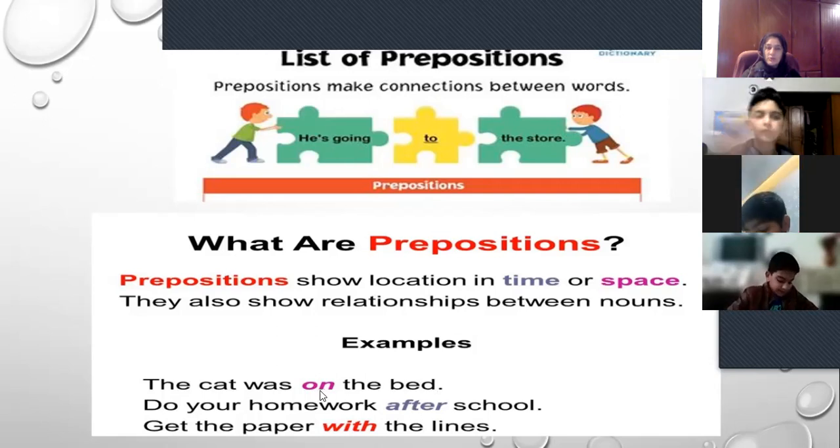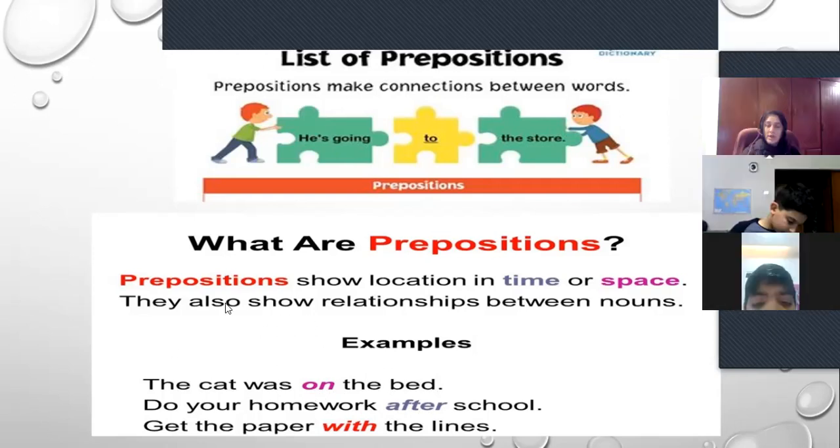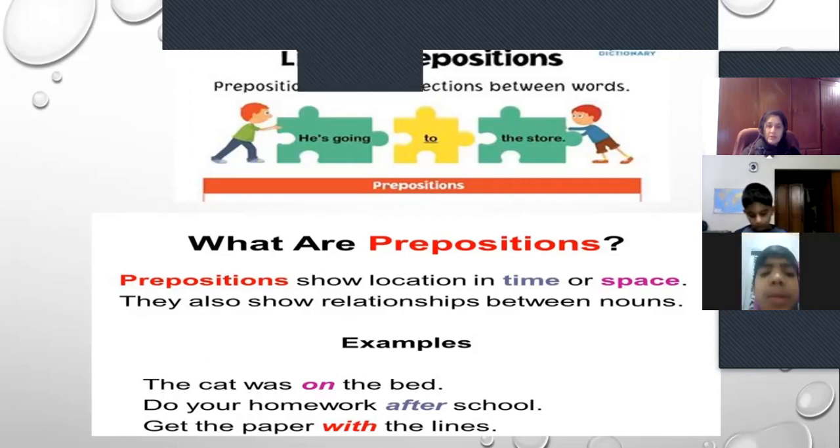On is the preposition which is used to make connection between the nouns and the pronouns. Do your homework after school. You can see after is the preposition which is used to make connection between the words. Get the paper with the lines. The word with is the preposition in this sentence and it is actually connecting both the words. And to make a complete sentence, we need prepositions.